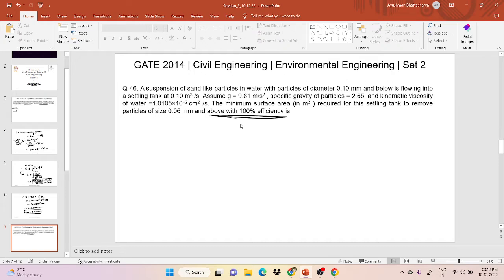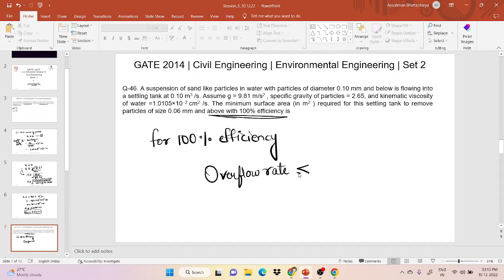Now again they are talking about 100% efficiency. So we know for 100% efficiency, overflow rate should be less than or equal to the settling velocity of the particle.